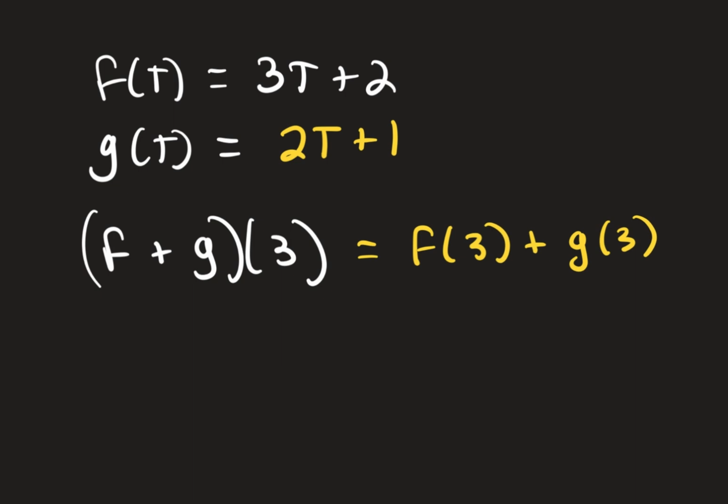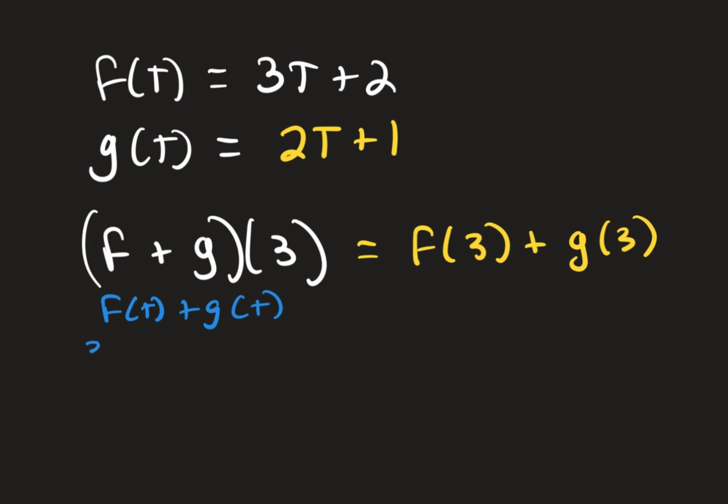One of the ways you could do this is that we could take the f plus g of t and add those two things together right away. Because there's a plus sign in there, we could take f of t and add to it g of t.